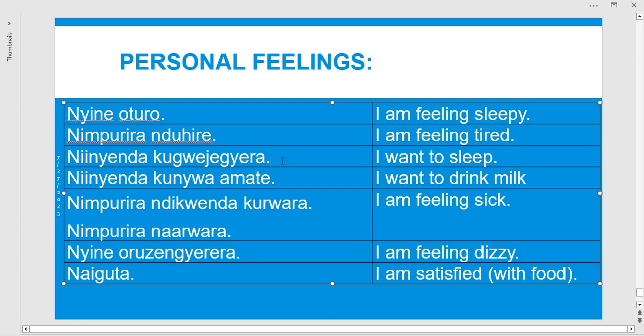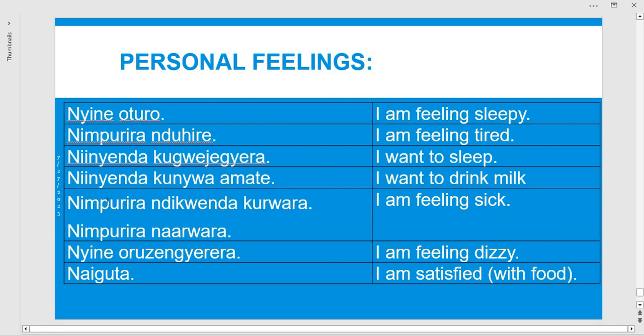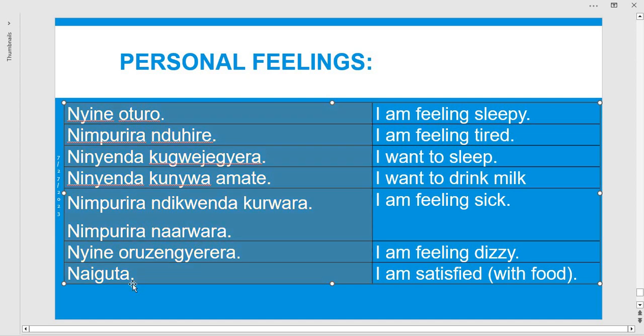Ninyenda kugwejejera. I want to sleep. Ninyenda kunywa amate. I want to drink milk.